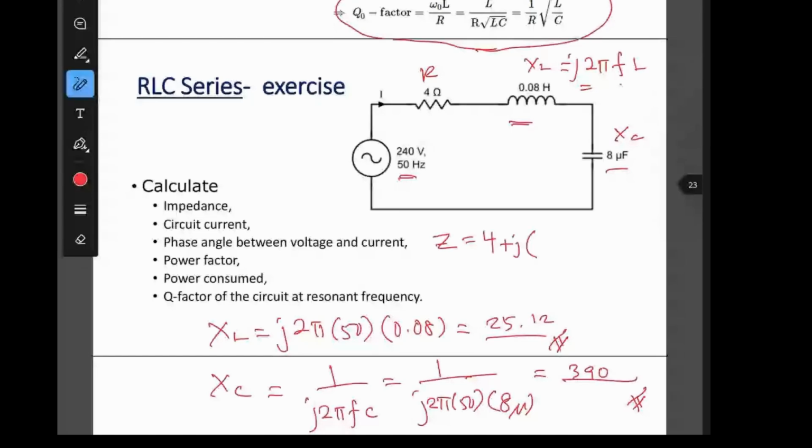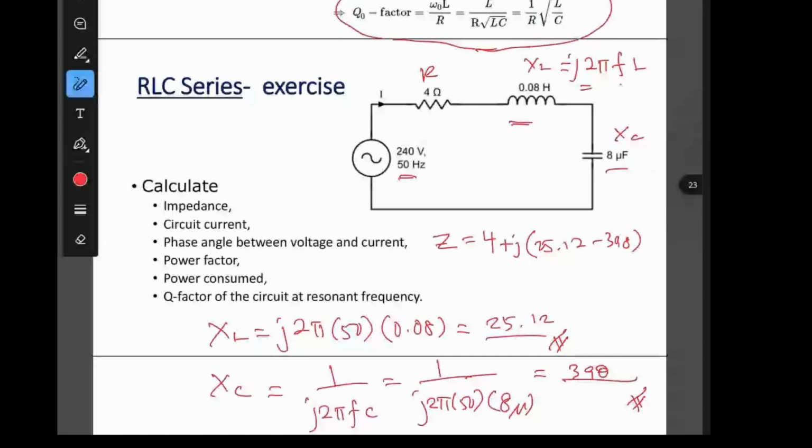Okay. Now we can put here, Z is 4 plus J 25.12 minus 398.